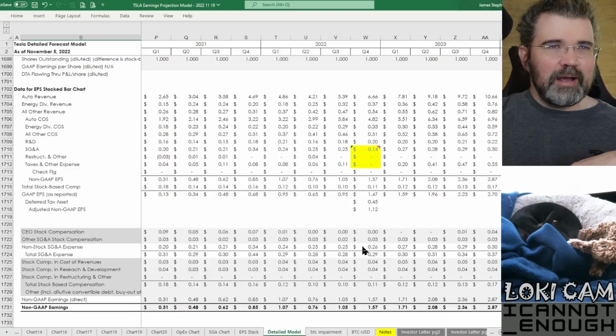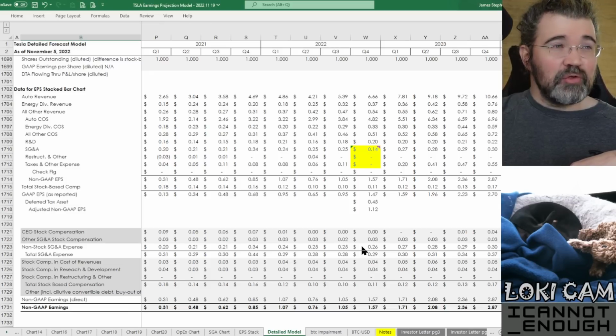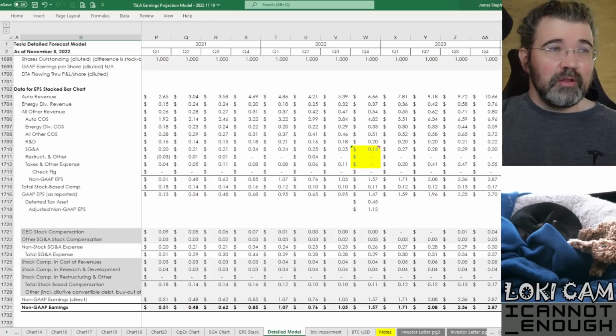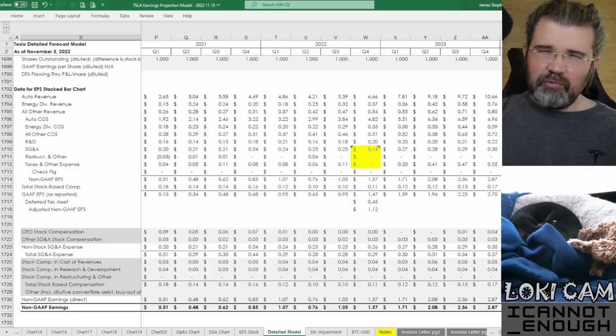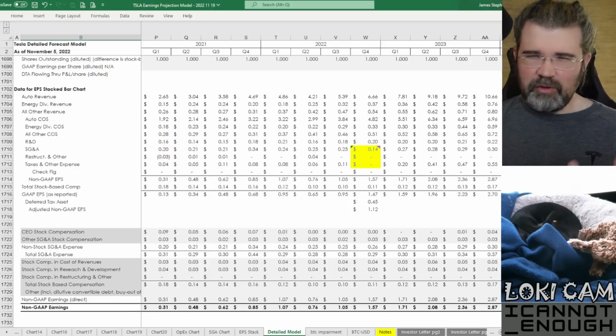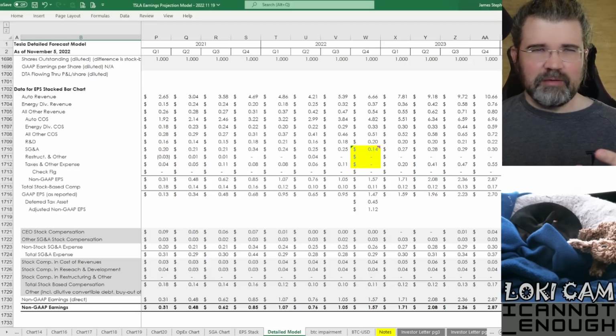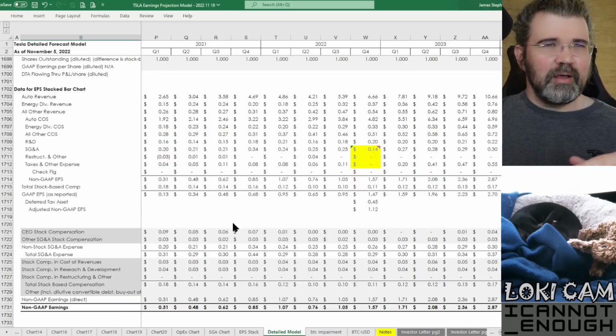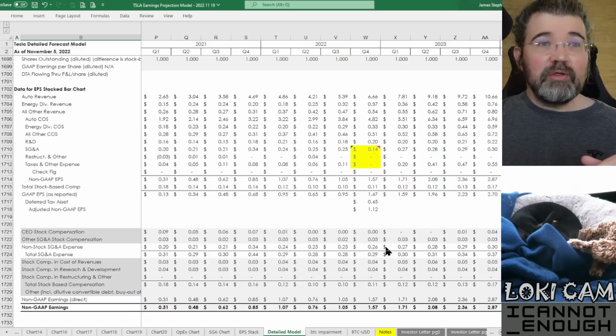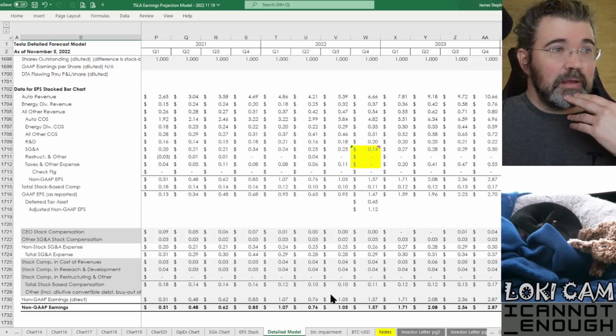This one line here isn't stock compensation. This is the other kinds of corporate headquarters expenses that you have. So legal and human resources and security and finance and whatever other jobs you need to have in a corporate headquarters. That's what this 26-cent forecast is.